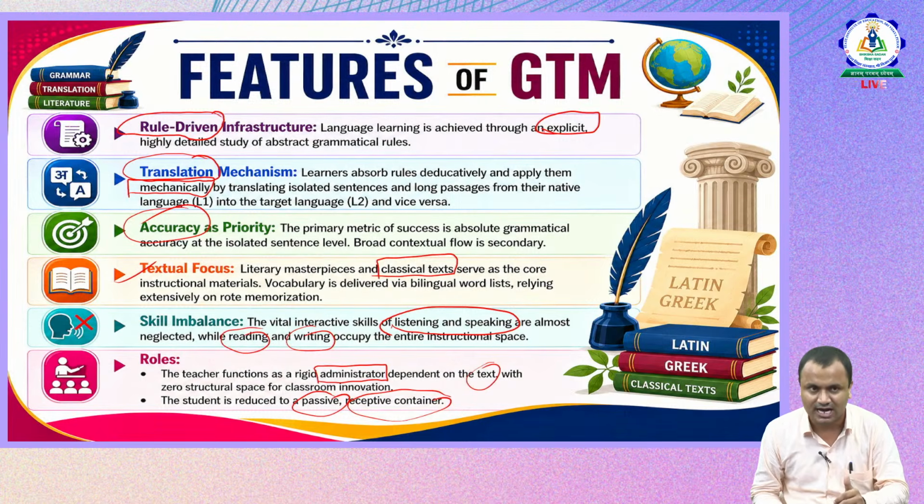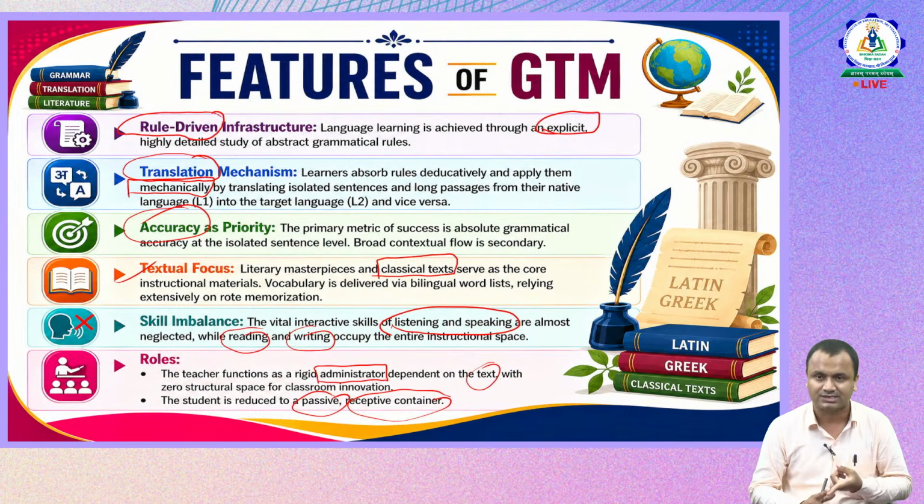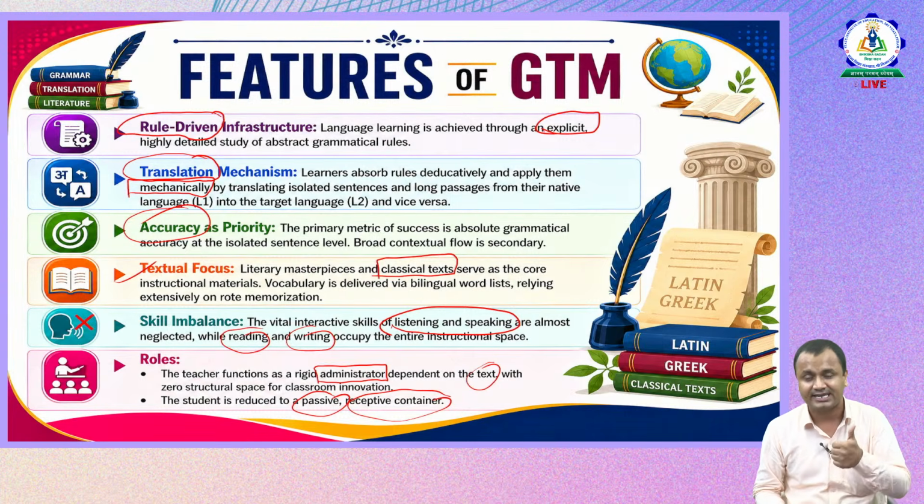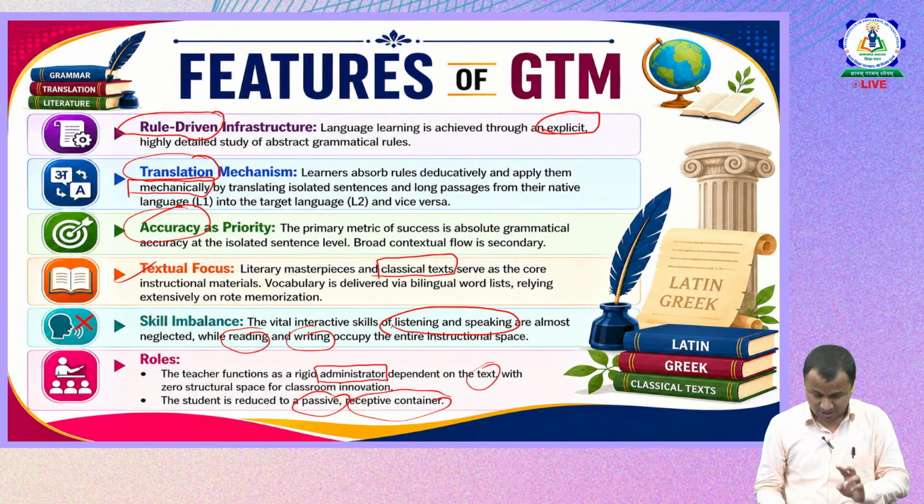When we enter into a classroom and we see that the rules are being focused, grammar is being focused, translation is being done, mother tongue is used for translation of each and every word of the sentences, and accuracy is priority instead of communication. When textbook is at the focus, when skill is imbalanced, which means when we focus on reading and writing rather than focusing on speaking and listening.